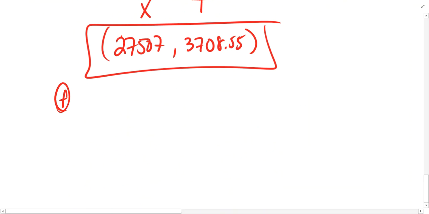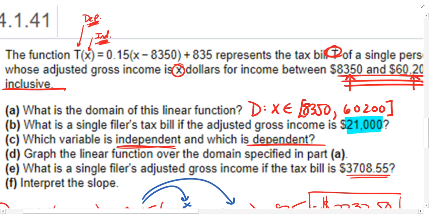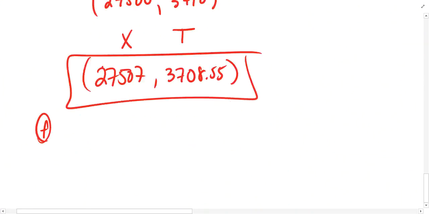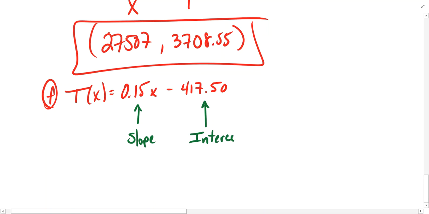Well, if we were to distribute the 0.15 into the grouping symbol here, this would have been an X also, but if we were to distribute the 0.15 into X and into this and combine any like terms, we'll be left with a linear equation that looks like this, and the 0.15 represents the slope of the line, and negative 417.5 is the y-intercept.